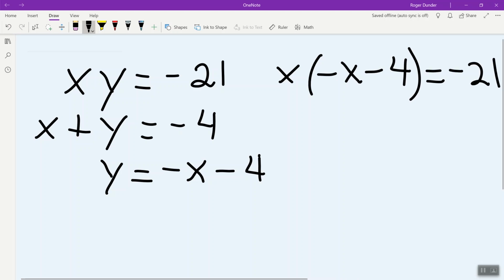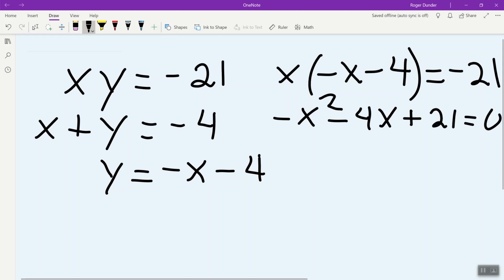Okay. Now that I've done that, I go ahead and multiply, and notice that x times minus x is minus x squared. Okay, and then x minus 4 is minus 4x. And if I bring that 21 across the equal sign, it'll be plus 21 equals 0.